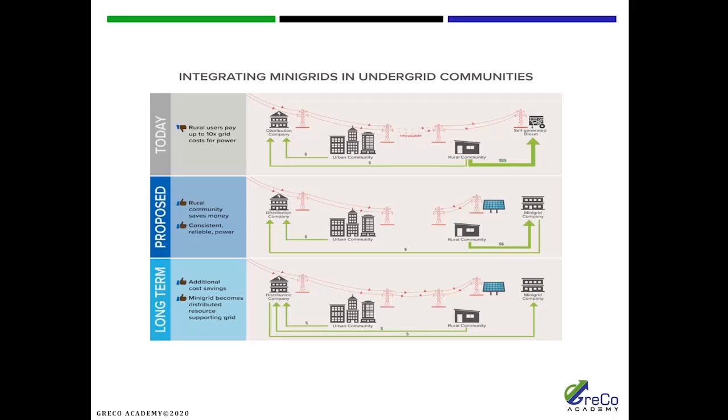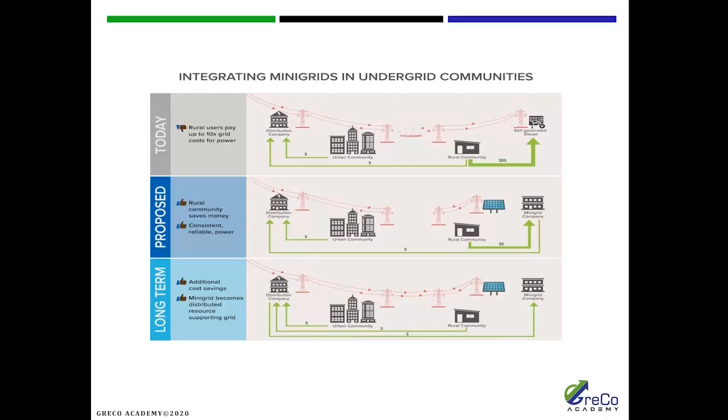Lastly, for the long-term plan, how do we join the two systems, that of the distribution companies supplying power to the urban community and that of the solar hybrid system supplying power to the rural community?